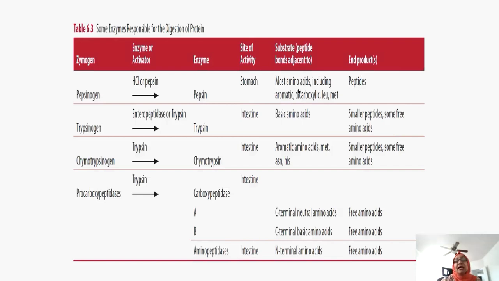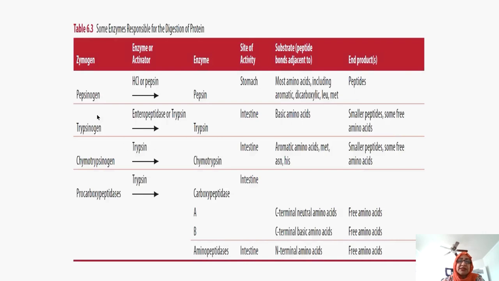The pepsin will act on most amino acids, including aromatic, dicarboxylic, leucine, methionine. It has a variety of amino acids that it can act on and degrade, because the main point of digestion is getting smaller molecules. And this is true because the end product here is peptides, which are smaller molecules rather than the full proteins.